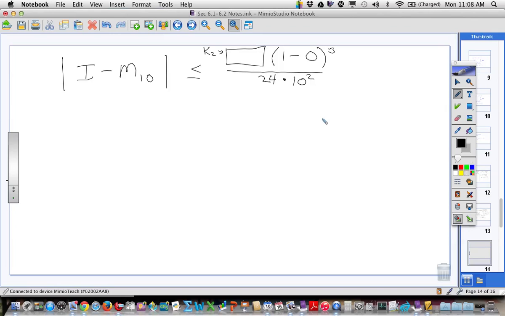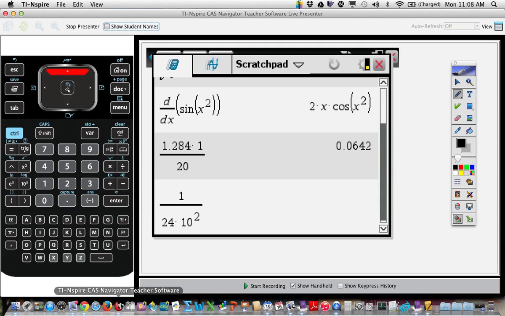Now remember, off to the side, I'm going to write down K2. I remember that K2 is the max of the absolute value of f double prime. So let's find a number for that. We need a number for K2.